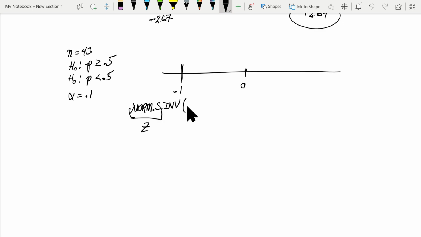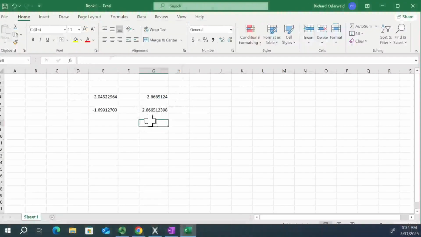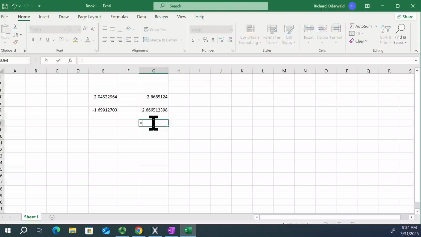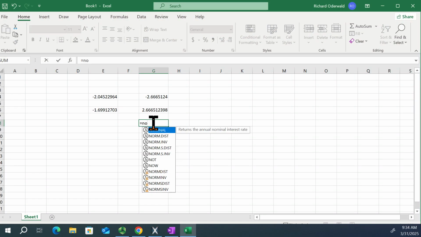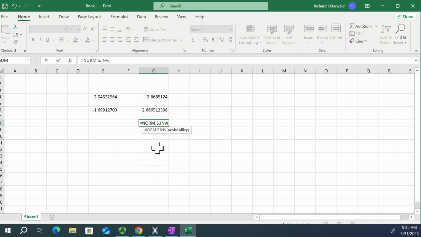What's the alpha level? What's the probability in that tail? 0.1. 10%. I'm going to put in 0.1. Look at the Excel command. Equals norm.s.inv. This is the standard normal function, and all it wants is probability.